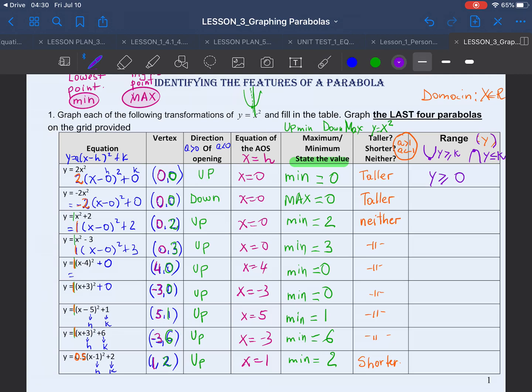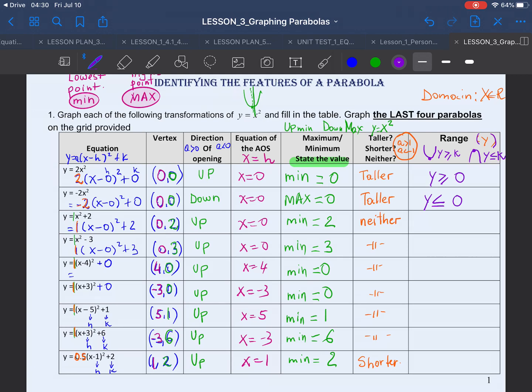The next one is opening down. Opening down means that y has a maximum value, so less than or equal to the highest value, and the highest value here is 0, so we'll say less than or equal to 0. And you can continue on your own, but I'll quickly go over the solutions.